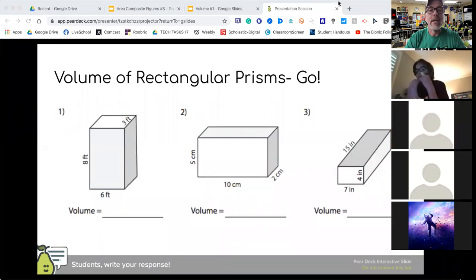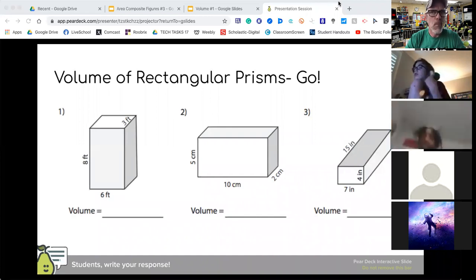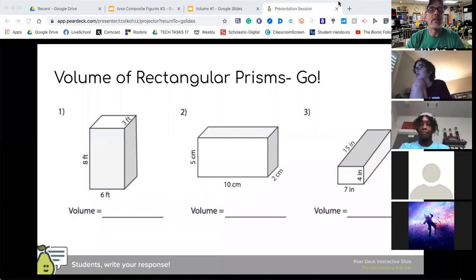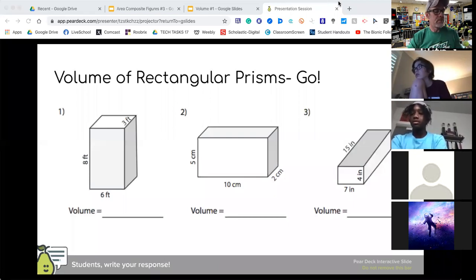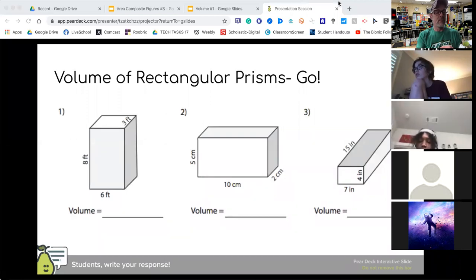All right, if you can still see the Pear Deck, go ahead. Did I give you number 3? No, number 1. Okay, number 1. You can see it, right? Yeah. Okay, waiting on Nathaniel, Liam, and Mason.